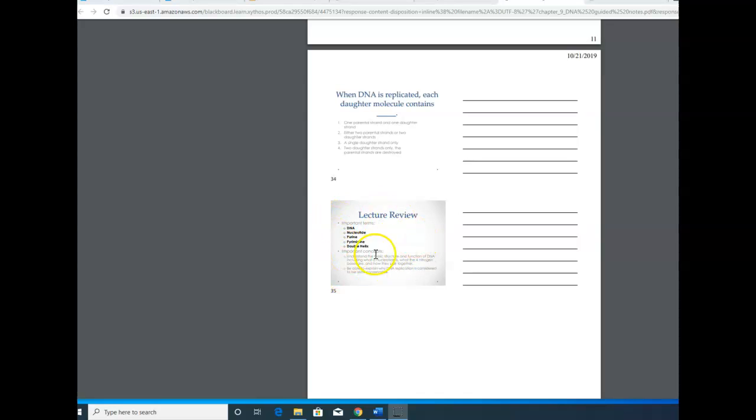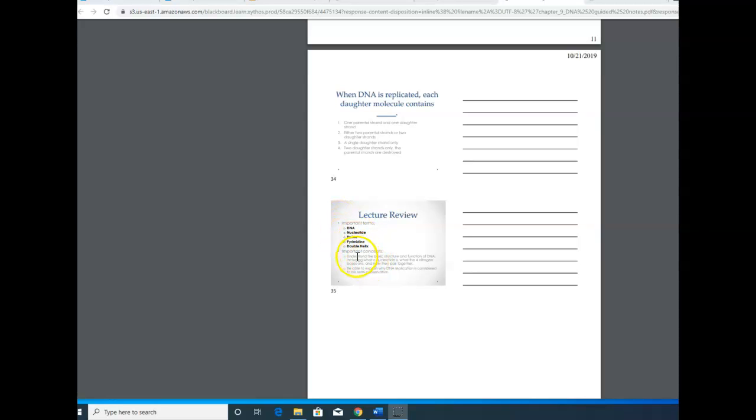At the end of each of these, we have this lecture review slide. The lecture review slide has important terms and important concepts. So I would treat each of these like a mini study guide for that particular chapter. What you should do is use this review guide, go back through the lecture notes, and create definitions for all of these particular terms that we listed here.